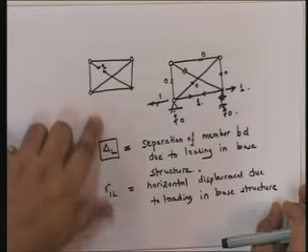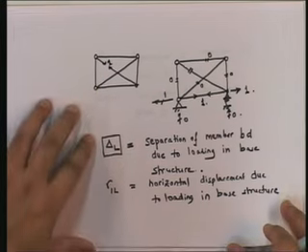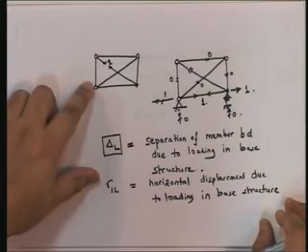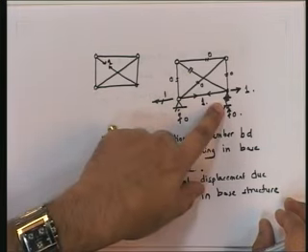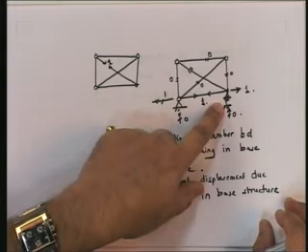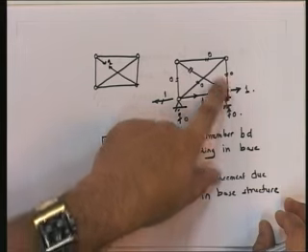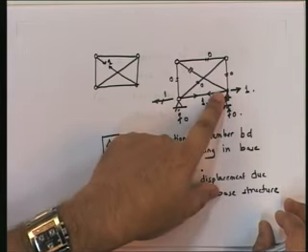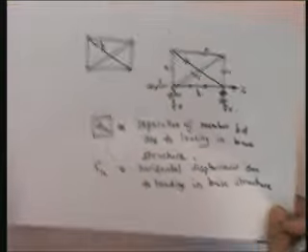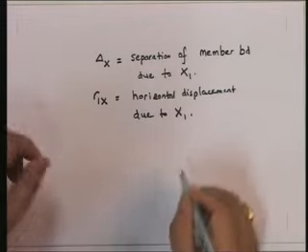Well, in that case, my real structure is this structure. So I can find out the forces and the real deformations in all the members, and my virtual structure is this structure. Okay, so I can find out the virtual forces which I have found out, and then I can do the virtual work to get R1x.